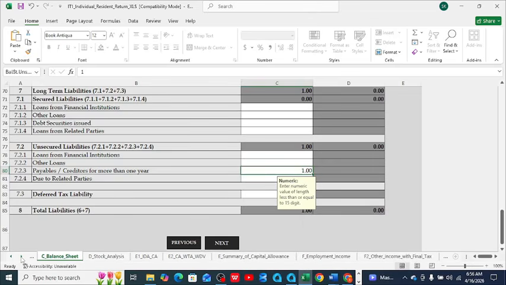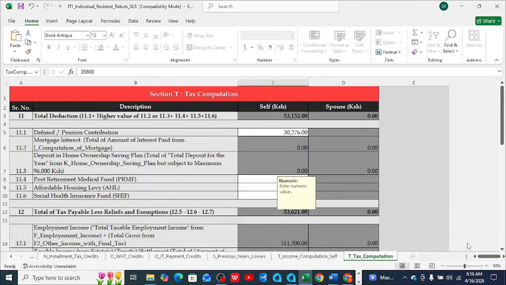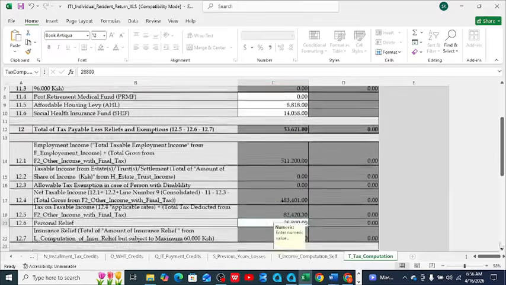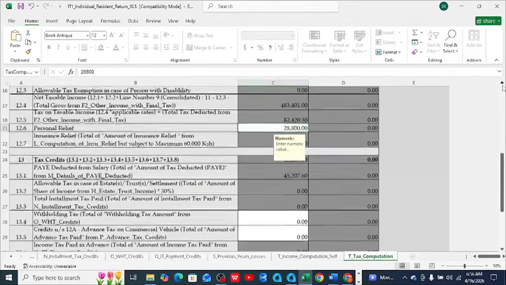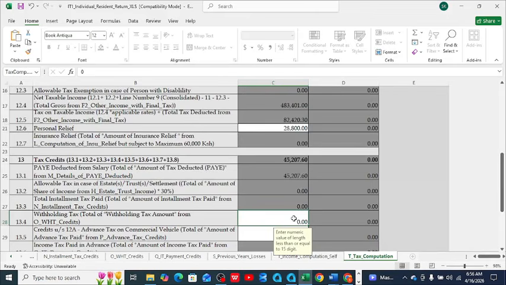Then you just come here at the last section, and I show you what you need to adjust for withholding tax at the tax computation. What you need to now write off is the withholding tax credit. So withholding tax credit is the amount of 5% which was deducted by your employer or the taxpayer.